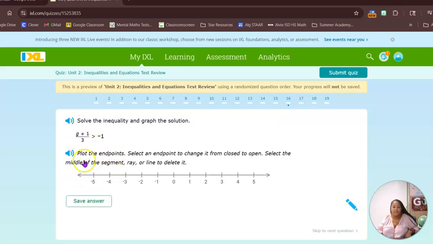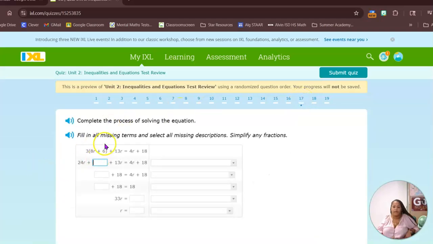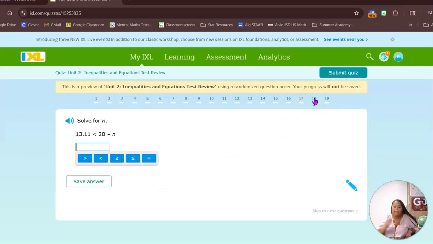Here we'll multiply both sides by 3 and subtract 1. Here we're filling in more blanks, finding out what they distributed, what they brought over, what they're going to bring down after they simplify, all the things. 19. Here we're doing two things. We're going to subtract 20 from both sides and then divide by the coefficient of n.